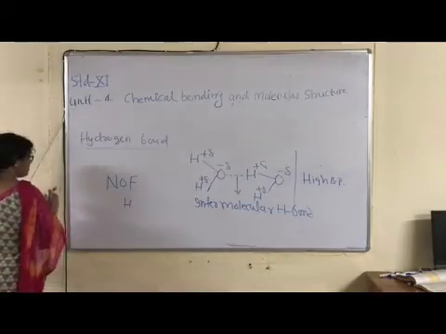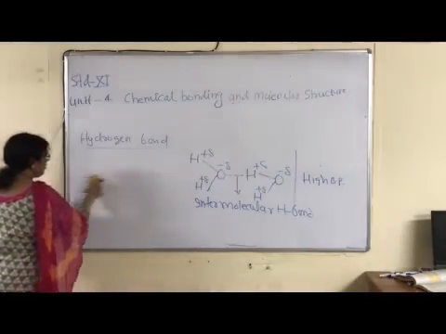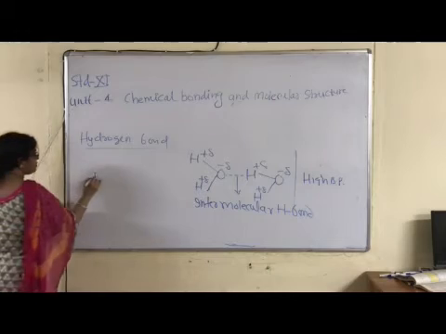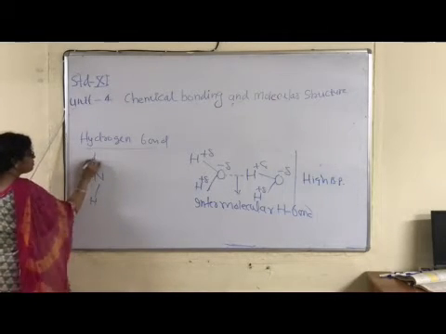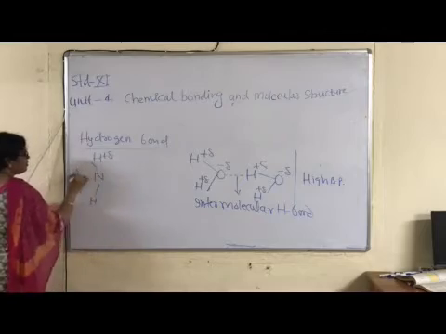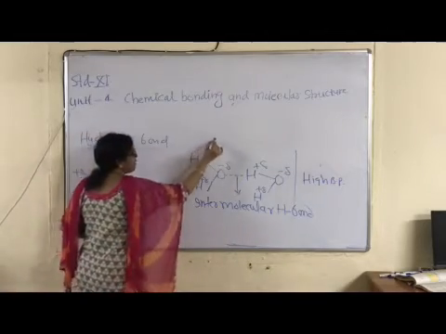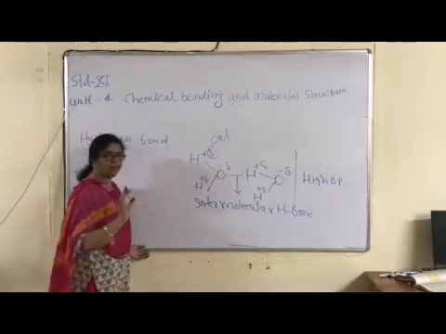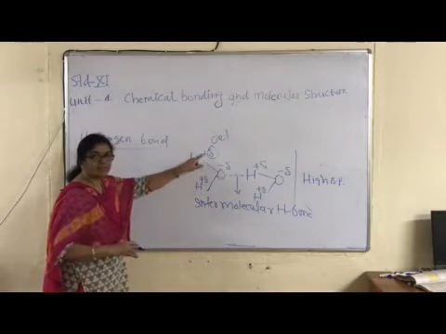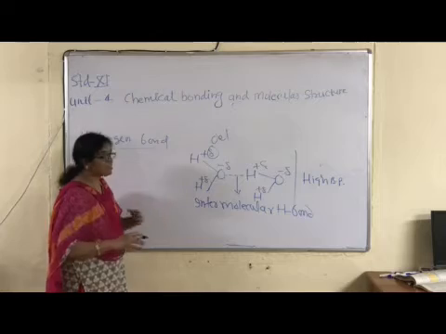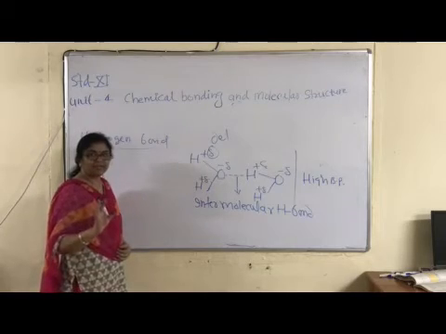Okay. Now second is ammonia molecule. Ammonia, nitrogen is present. Like this you can show. Arrange in a proper manner. Plus del. Children, this sign is del. Del means partial. Right? With bond formation, development of polarity, which is written as plus del or minus del.